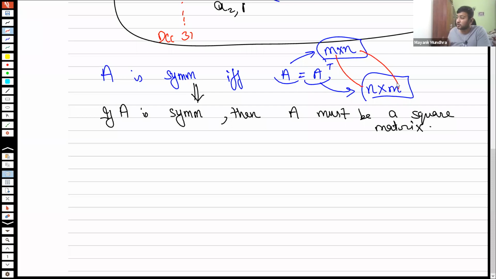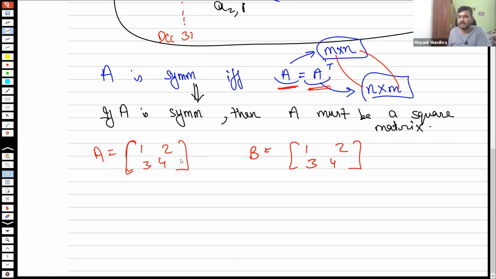Okay, what does it mean for two matrices to be the same? Matrices being the same means that each element in this matrix is the same as each element in this matrix. So if A matrix is 1, 2, 3, 4, and B matrix is also 1, 2, 3, 4, only then I say that they are equal.